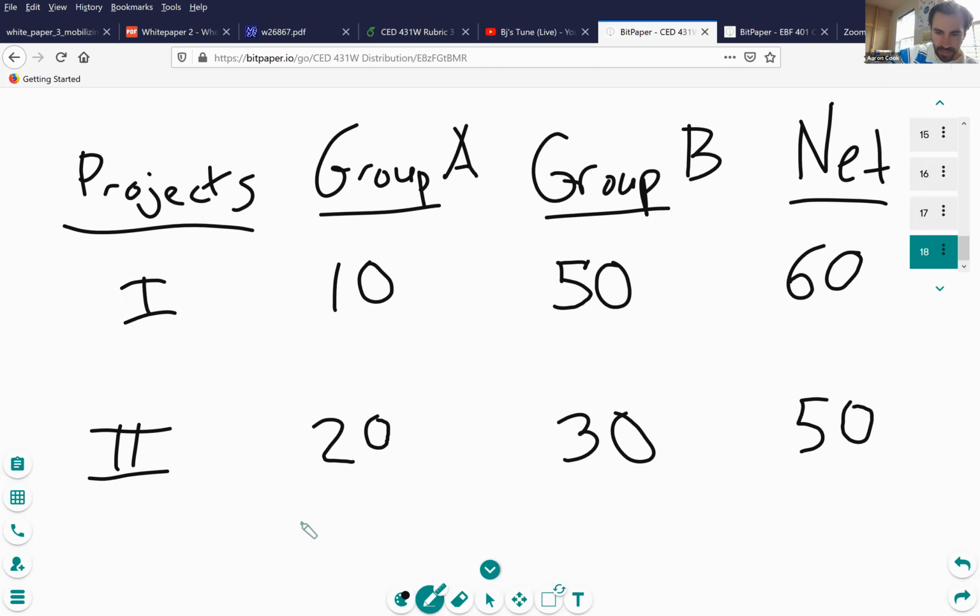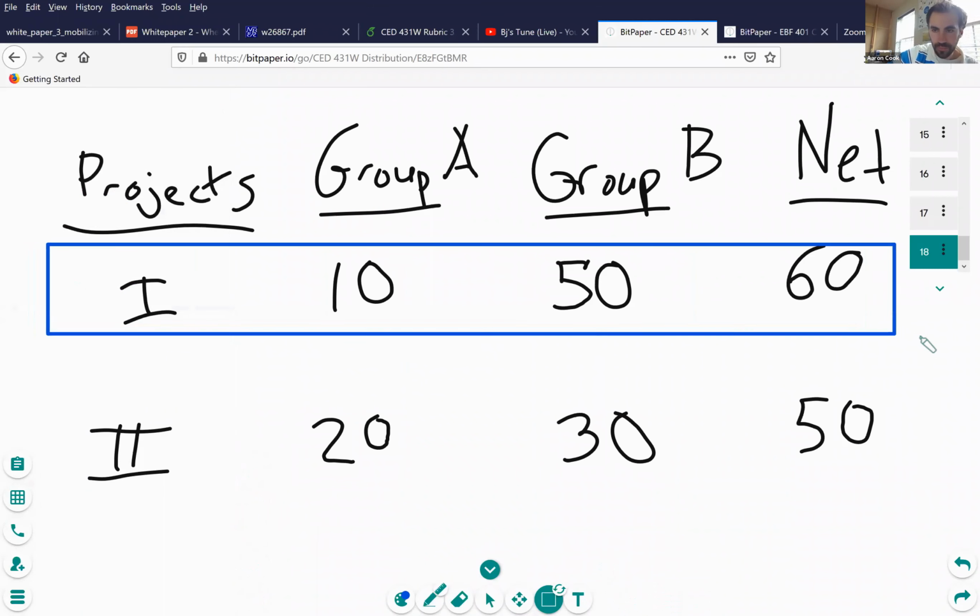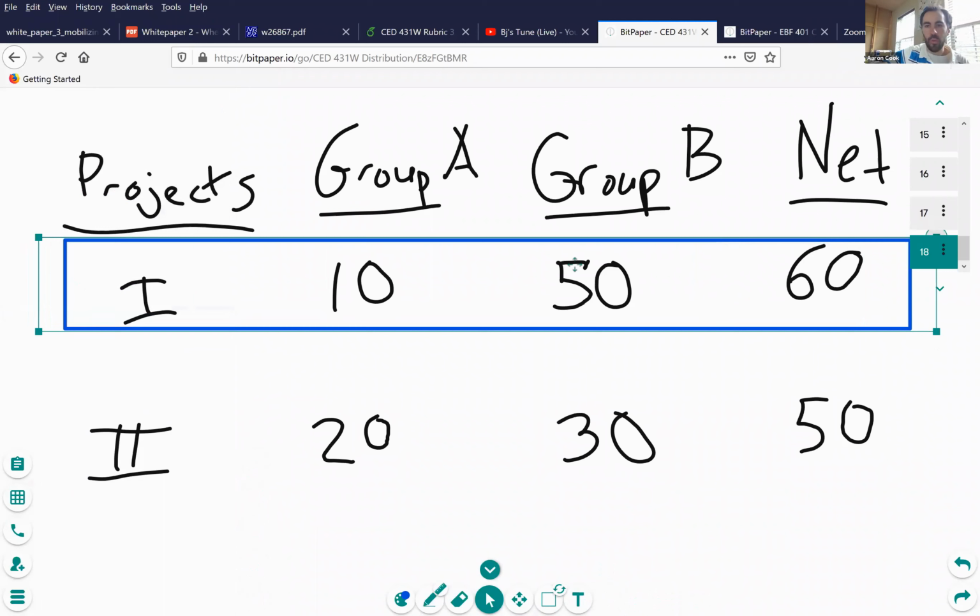And so if we're just considering unweighted net present value, we have a net benefit of 60 for project 1, and so this would be the desirable project in the case that we're just doing an unweighted benefit cost analysis.